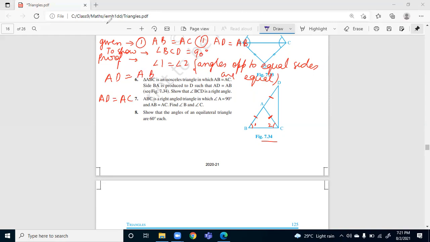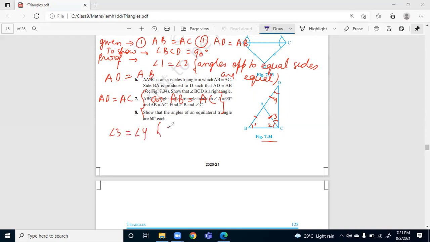So in place of AB, I am writing AC. Now I can mention it 3 and 4. So I can write angle 3 is equal to angle 4.